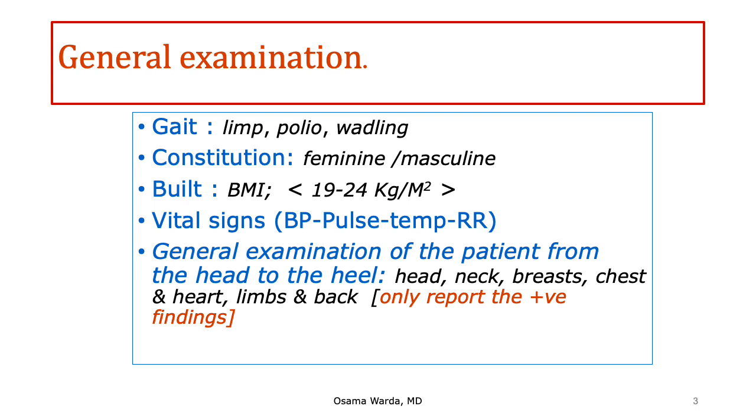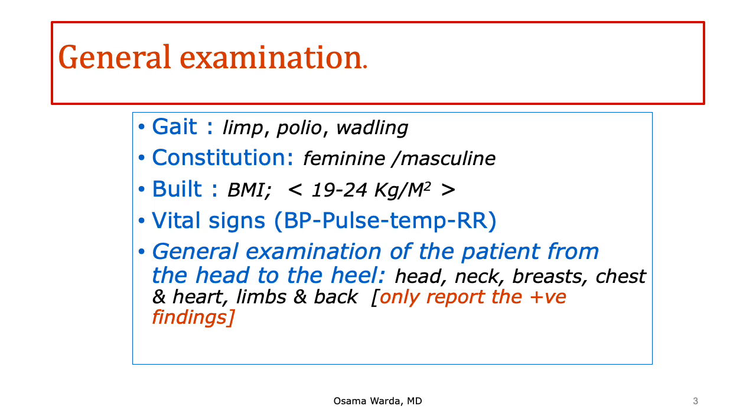The items that should be searched for and examined in the general examination of an obstetric case is gait. We ask the patient to walk and notice the type of her gait.